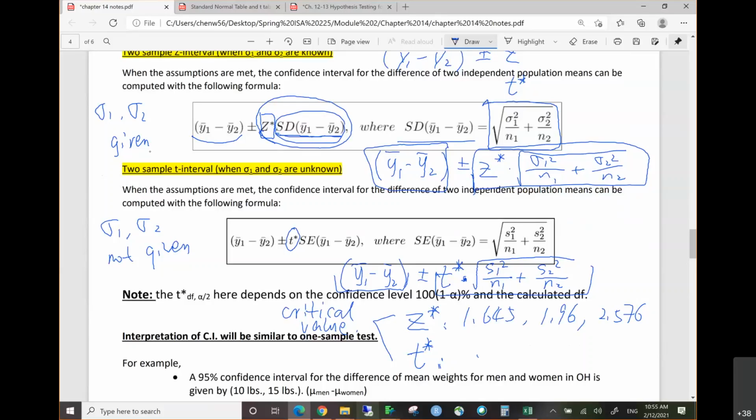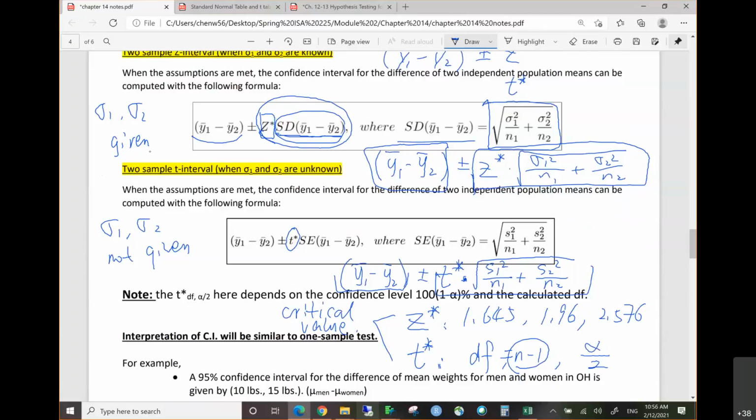Degree of freedom, what else? Degree of freedom is the sample size minus 1. And then, alpha over 2.